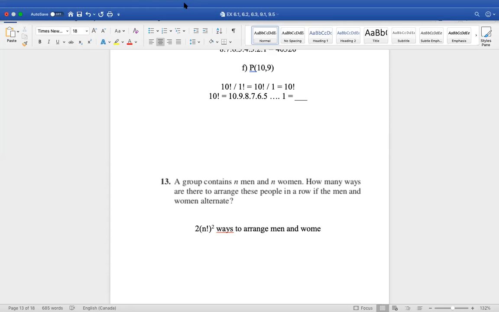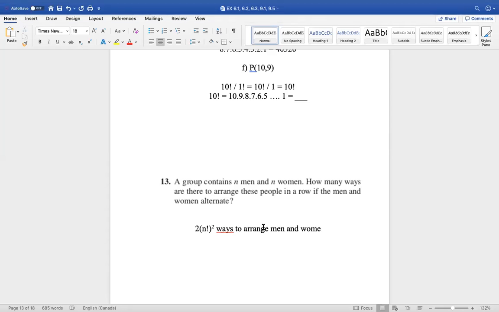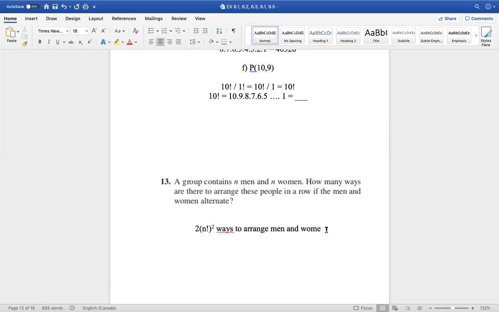To arrange men and women in an alternate way. Okay? So let's consider a group of four people, with two men and two women.